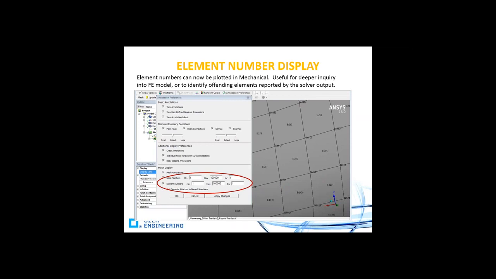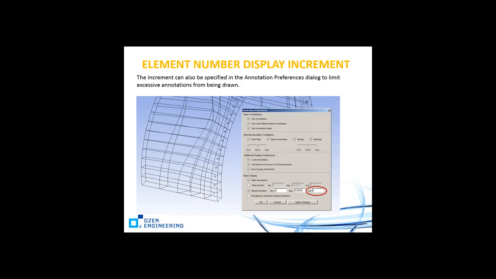And in ANSYS Meshing, you can actually plot element numbers. Until version 16, you could not see the element numbers in the ANSYS Mesher. Now you can see the element numbers as well as the node numbers. The node numbers you were able to see, but the element numbers you couldn't, and now you have that option as well. And if you use ANSYS Classic, of course, the element numbers are already there.